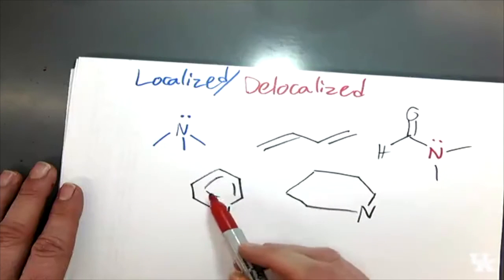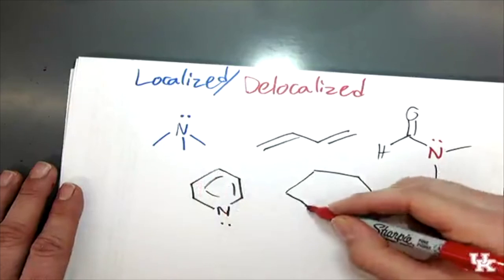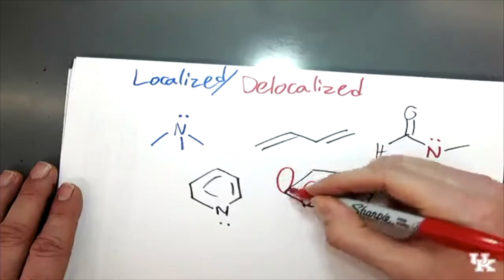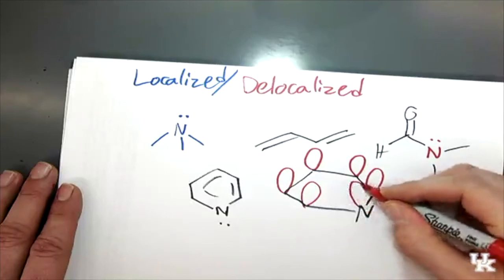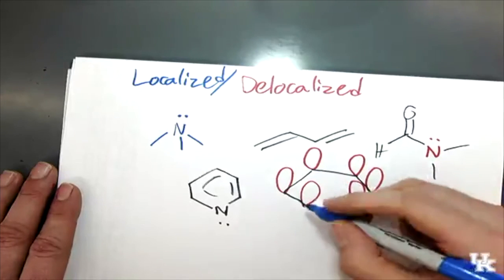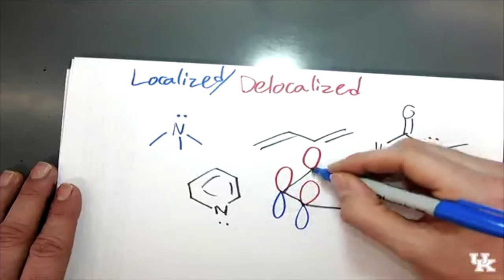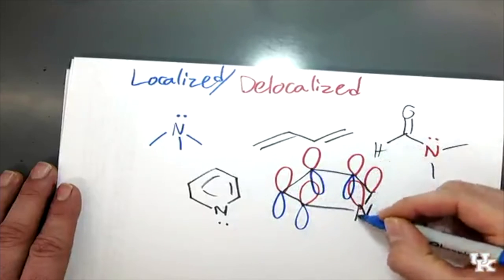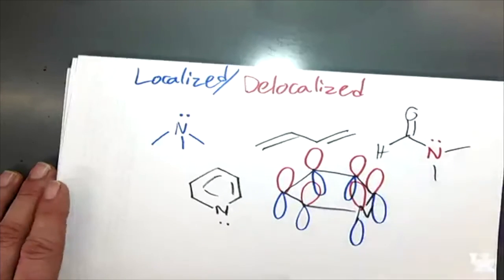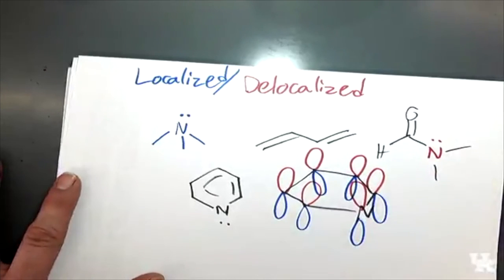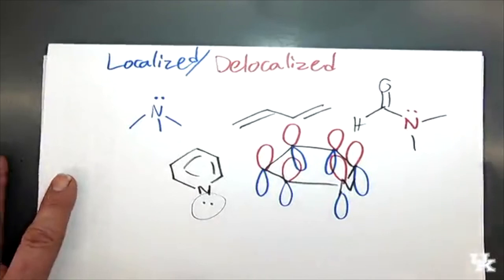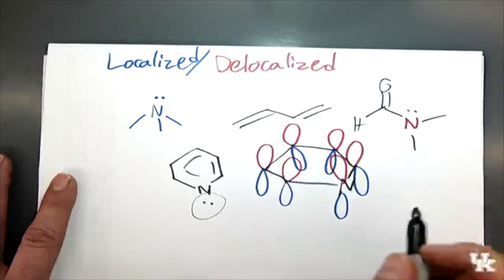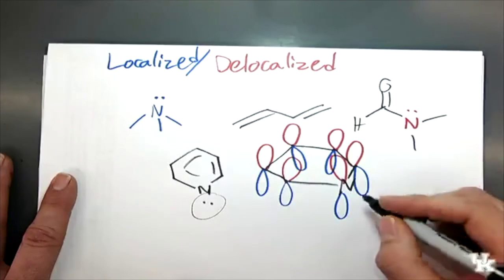This conjugation in the ring means that all of these pi orbitals are all participating in the same conjugated system. But that's not the electron pair we're talking about. We're talking about the nitrogen pair. And that actually comes out in the plane of the paper.